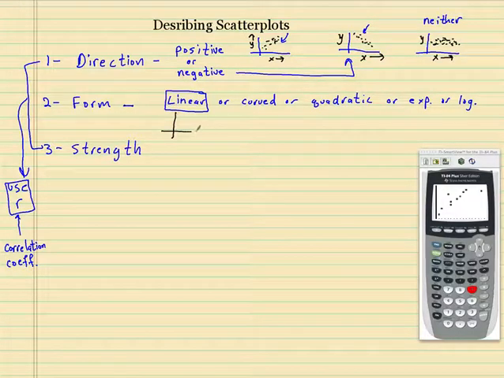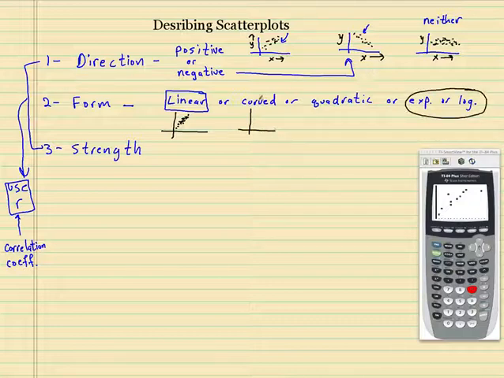So when you get something here and it does something like this, that's linear. You picture yourself drawing a line through it. Could you draw a line through this? Yeah. Curved ones could be considered curved too, but curved would be something like this.